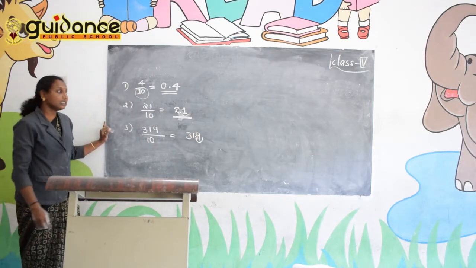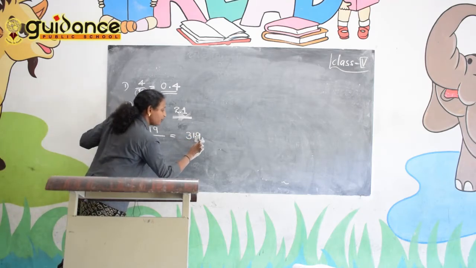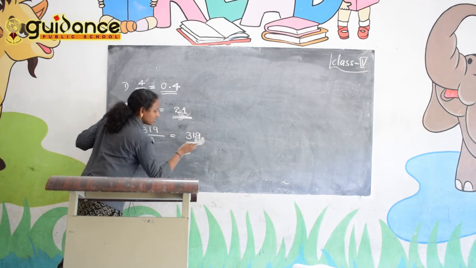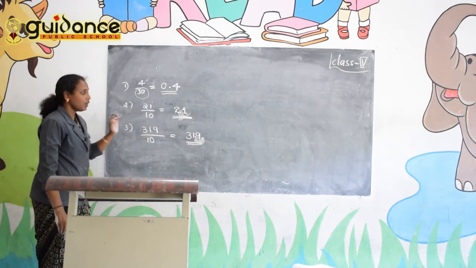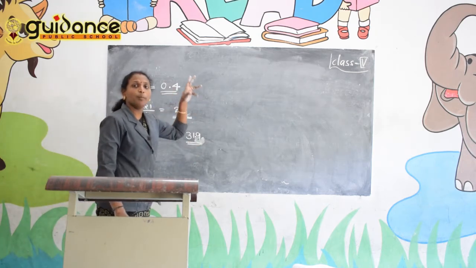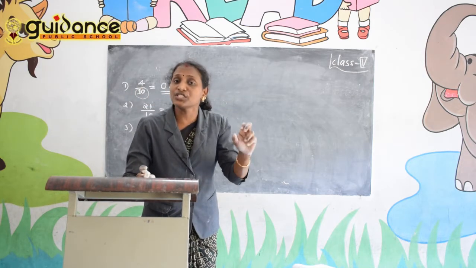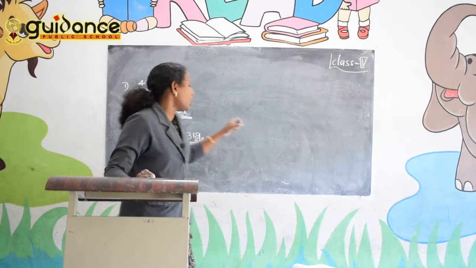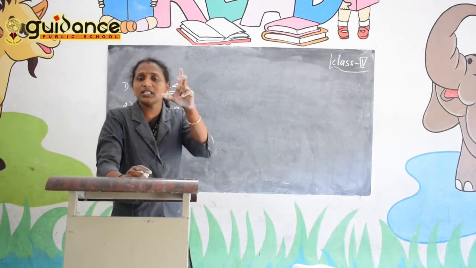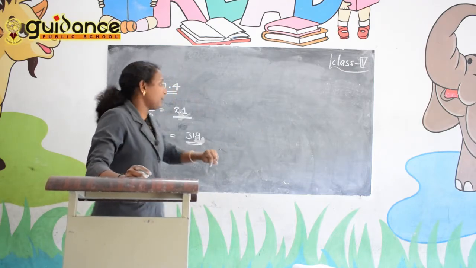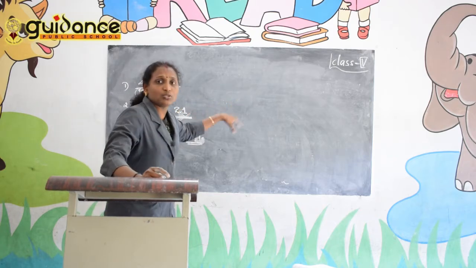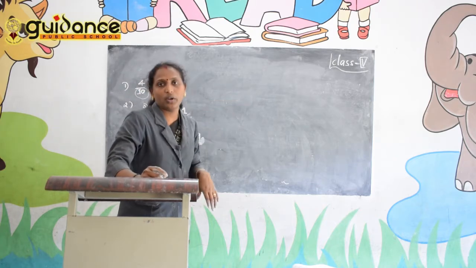That means 31.9. So this is the answer. One place over we put the decimal point. That depends upon the zeros of the denominator. In this number the denominator has only one zero, that means we move one place to the left and put the decimal point. Okay.